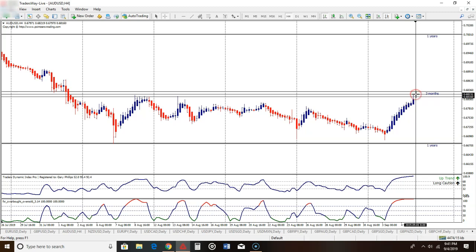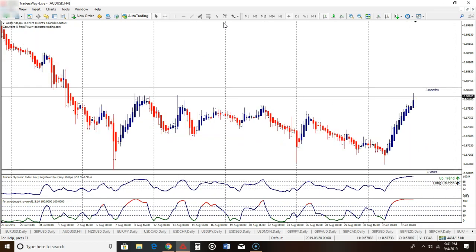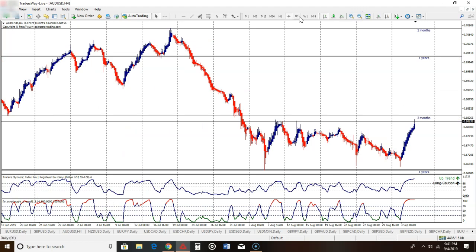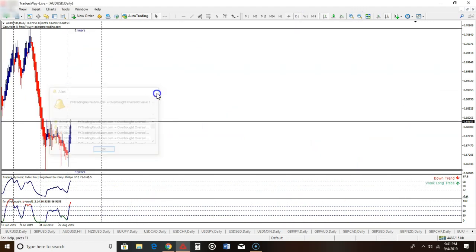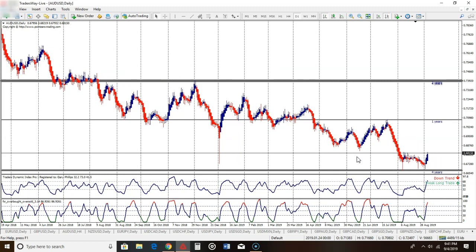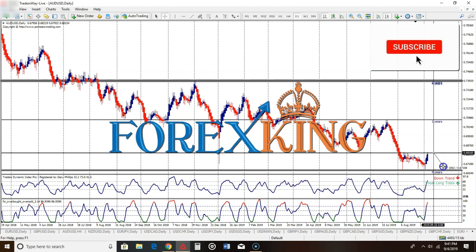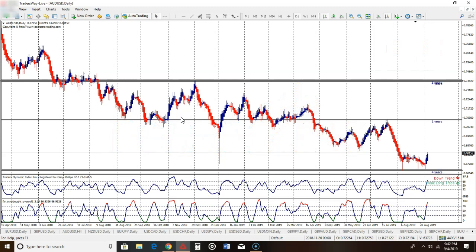And now when we get to this point, we will be looking for a reversal in price, right, to continue in what I believe is the overall trend of this market. Let's pan out to the daily chart just to double check and make sure. Yeah, the overall trend of the market is down. So we will be looking for a reversal right at this point on the daily chart to get a trade back down into support. Just an update on that trade.